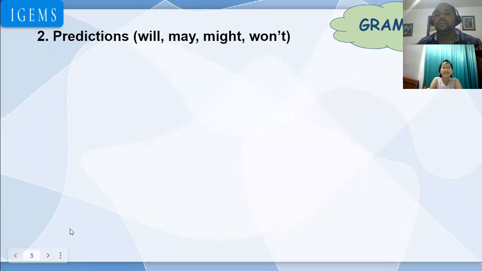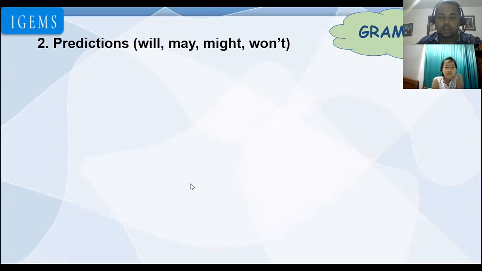Let's continue. So for these predictions, like I said, we have the modal verbs. We have will, we have may, we have might. So this is the negative form of will, which is will not. Let me write it. Look at the chat box.